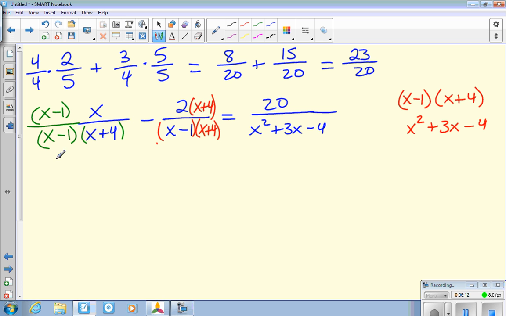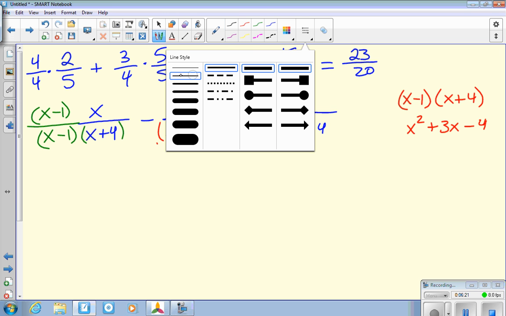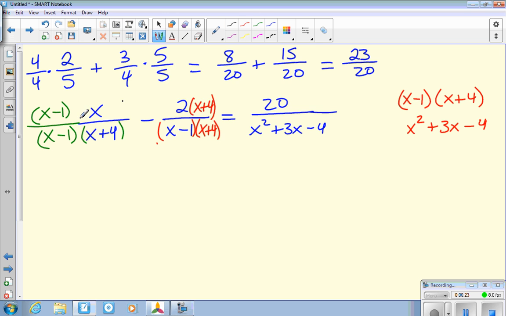So actually, now everything has the same denominator. So we have to actually use the distributive property to multiply everything out. So for this first fraction, I'm going to get x times x, which is x squared. I'm going to get negative 1 times x, which is minus x. And that's all over that denominator, which is x squared plus 3x minus 4.